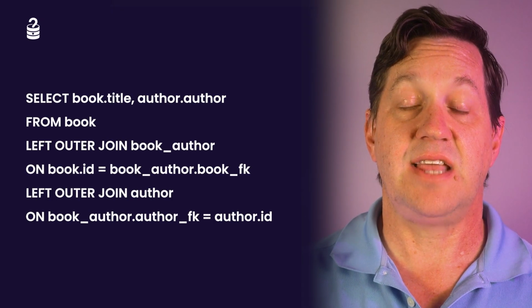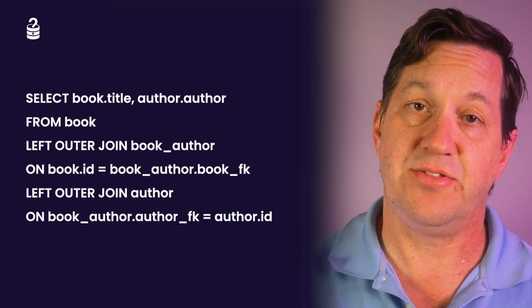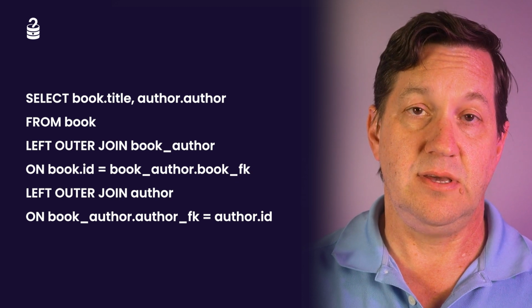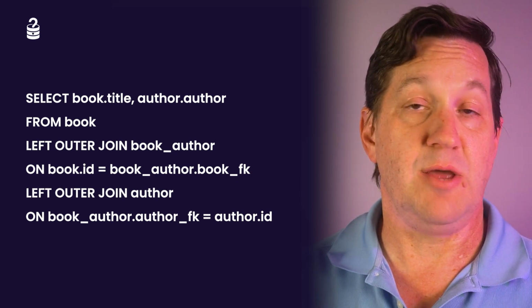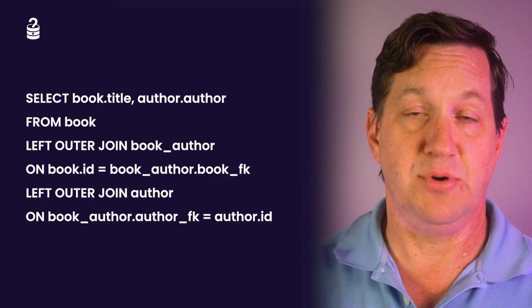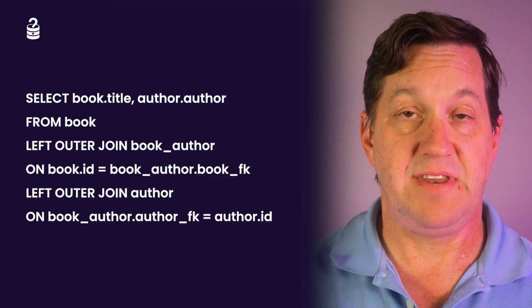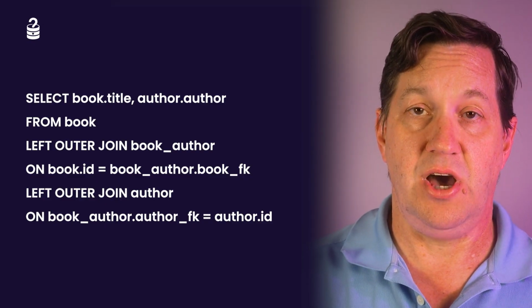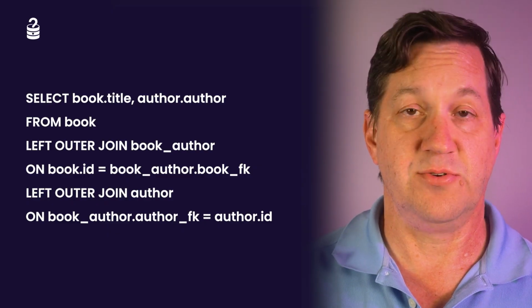Since we just identified that author should be optional, we must rewrite our query. Select book.title, author.name from book left outer join book author on book.id equals bookauthor.book_fk. Left outer join author on bookauthor.authorfk equals author.id. Notice how each join has turned into a left outer join?